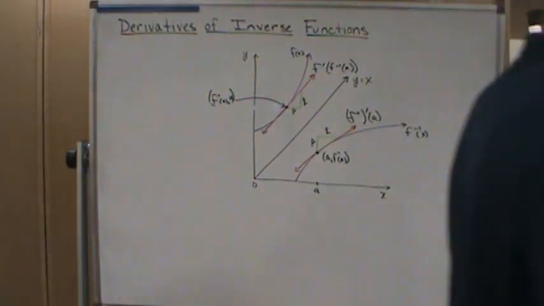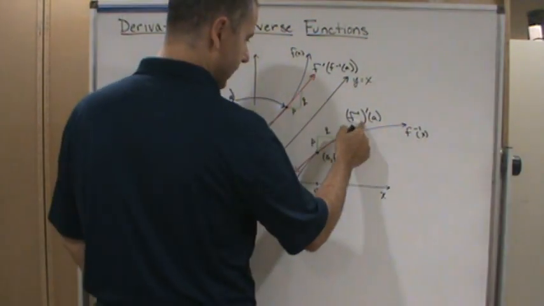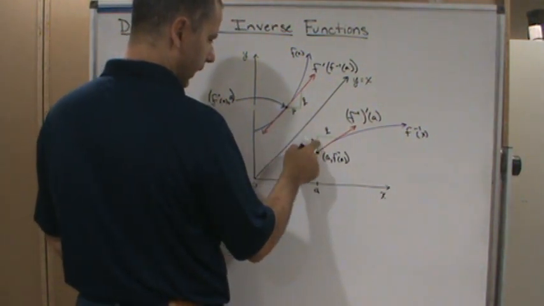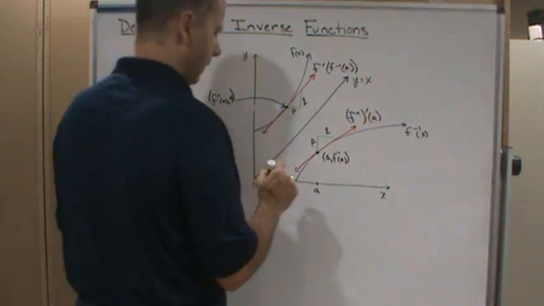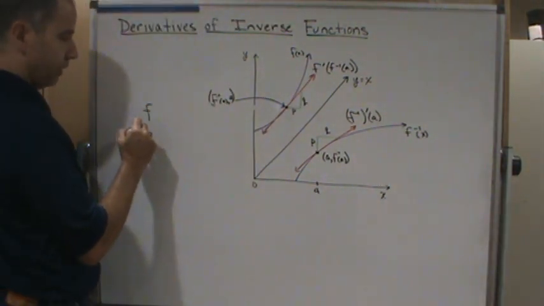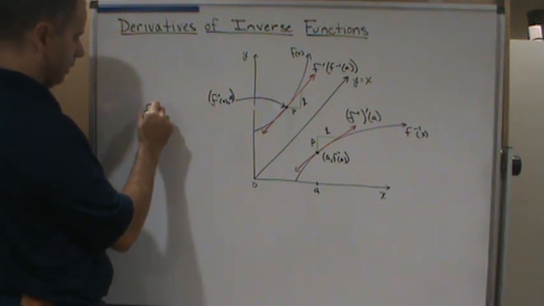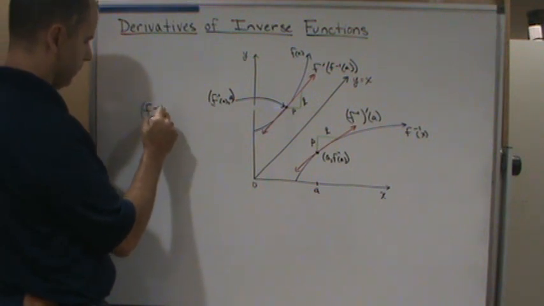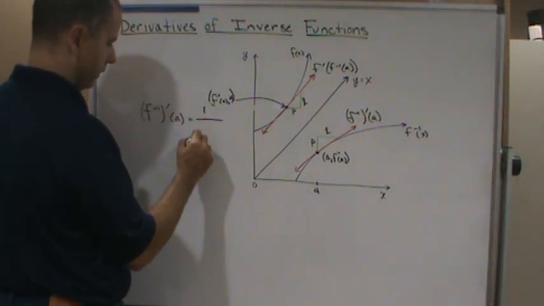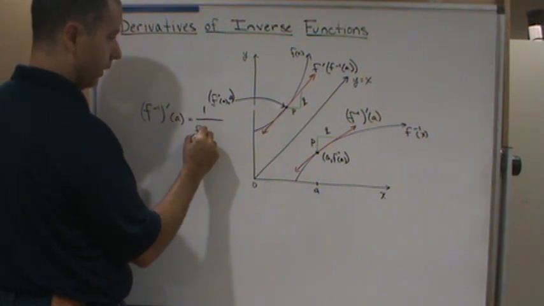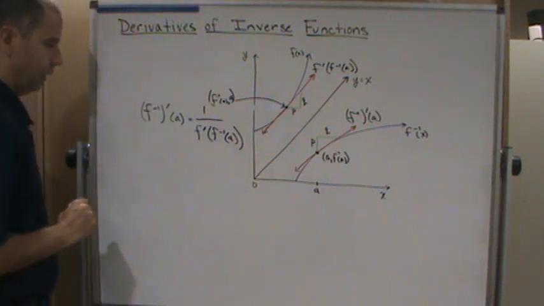Okay, and so what do we get? If we take this tangent line here, and the fact that these two triangles, because if this is P here, this is P here, if this is Q here, this is Q here, we get that f inverse prime of a would equal 1 over f prime of f inverse of a.